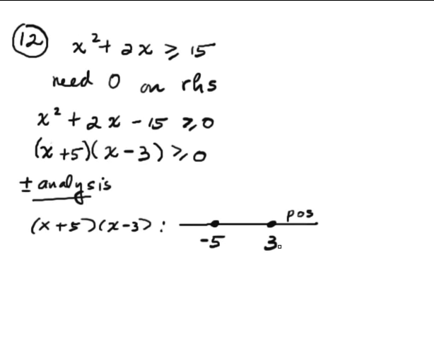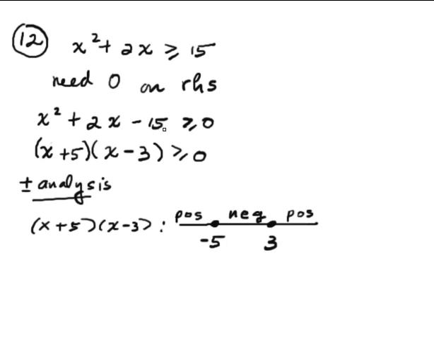Between minus 5 and 3, we have 0. Put that in. And we have positive, and here we have negative. So we get a negative value. Something less than minus 5, like minus 6, makes the first factor negative and the second factor negative. The product of two negatives is a positive.